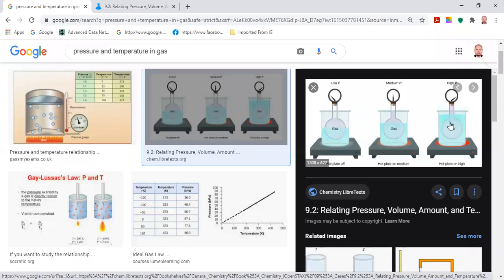That time also we are getting more collisions with the molecules of gas. They will get more kinetic energy. Then they will hit the container wall with more force. Then the pressure will be more. Have you got it?